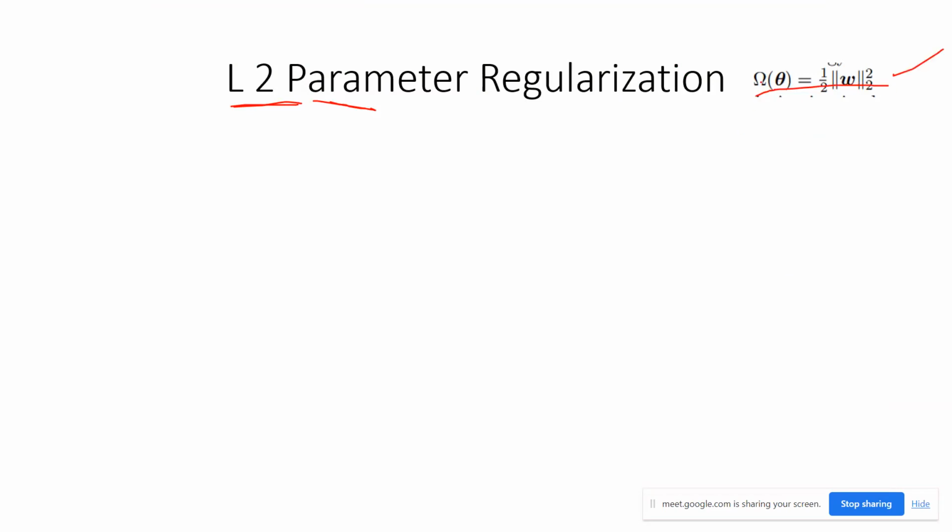Using L2, that means L power 2, we can say this is L2 norm regularization. Using L2 regularization, the norm value is 1/2 of the weight norm squared, because it is L2. If it is L1, it is a simple W norm.